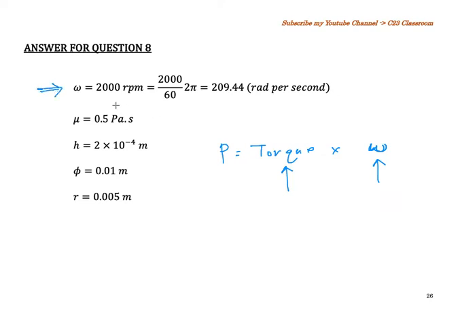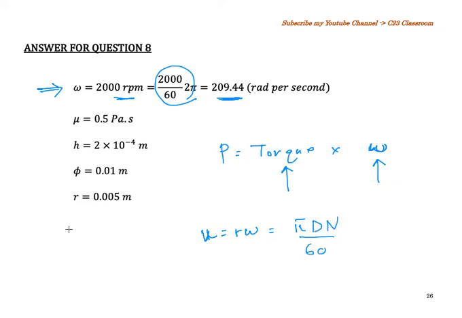If the rotational speed is 2000 rpm, we can convert it into 209.44 radian per second according to this equation. The common equation that you can remember is U equals R omega, which is equal to pi dN over 60.